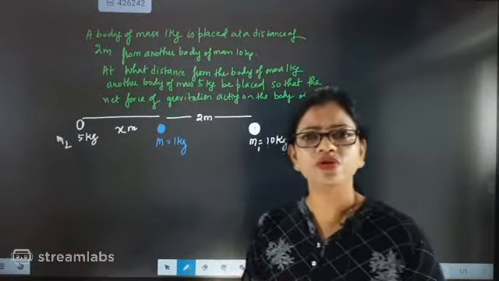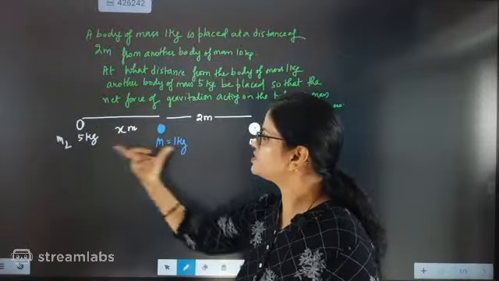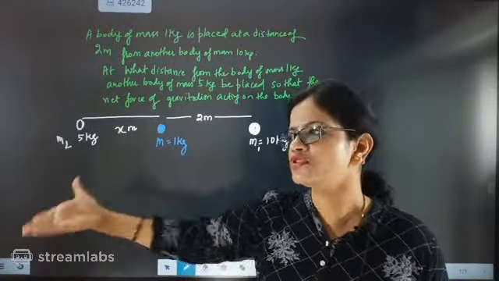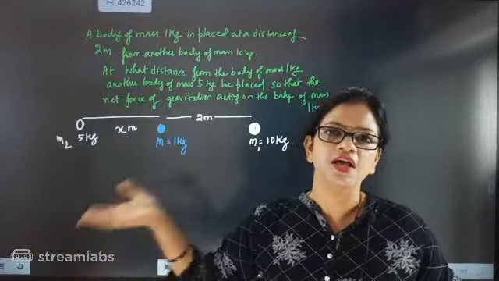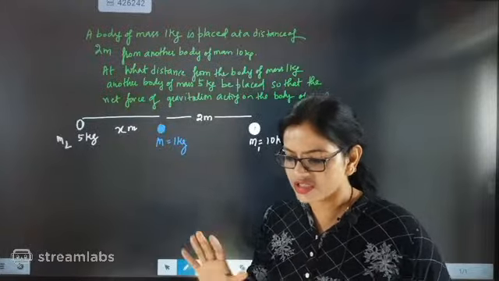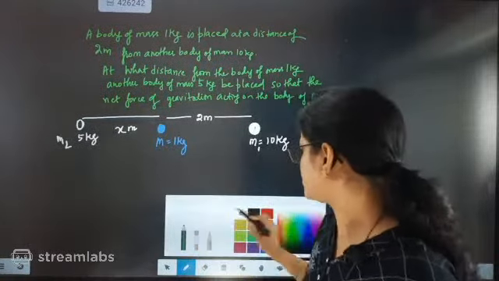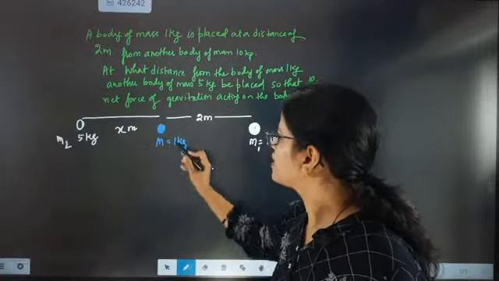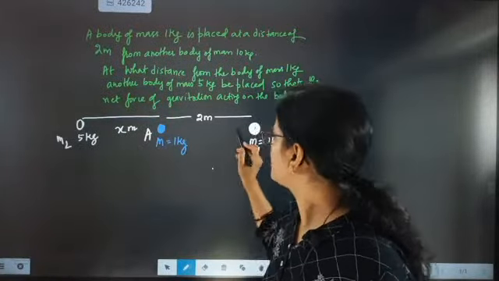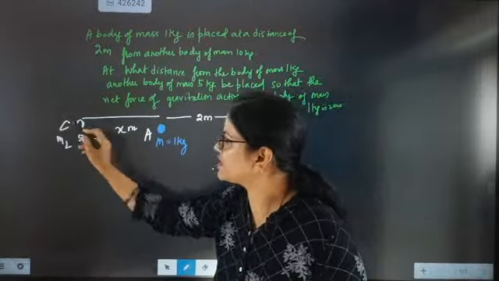That means the force of gravitation from this side and from that side is the same. So we will take the bodies as A, B, and C.